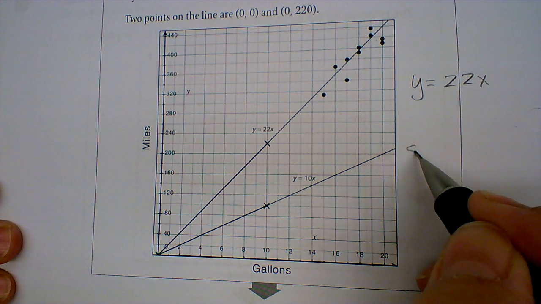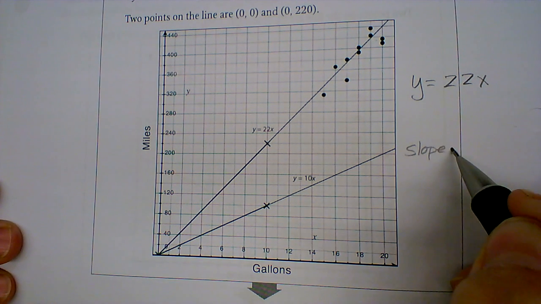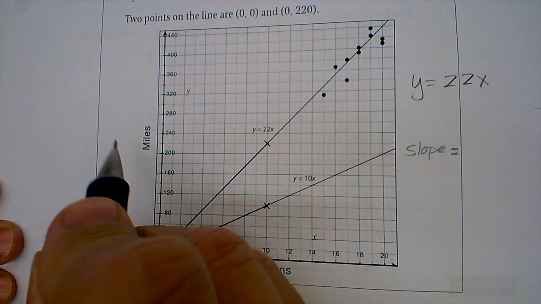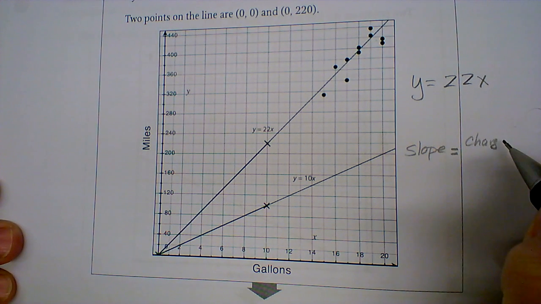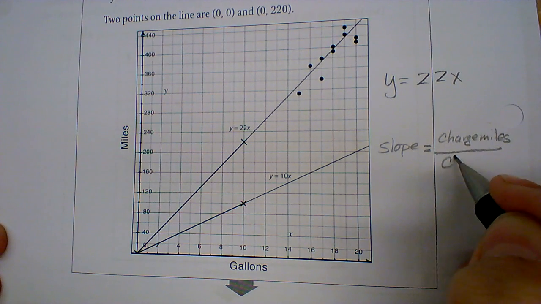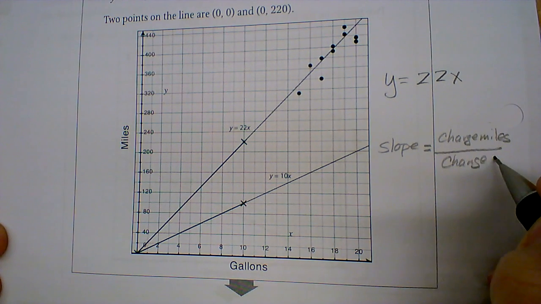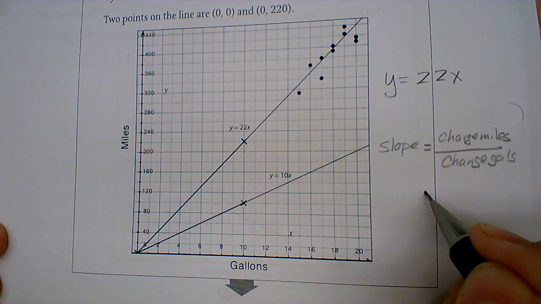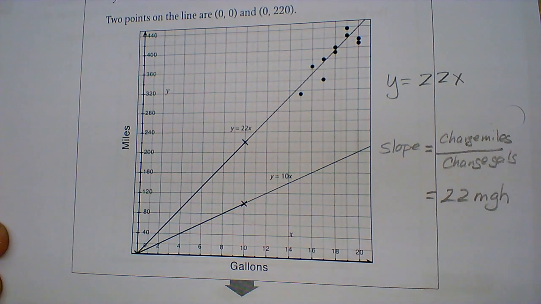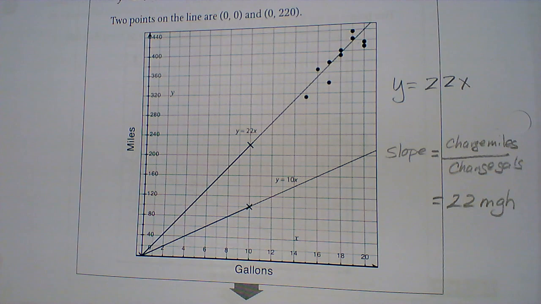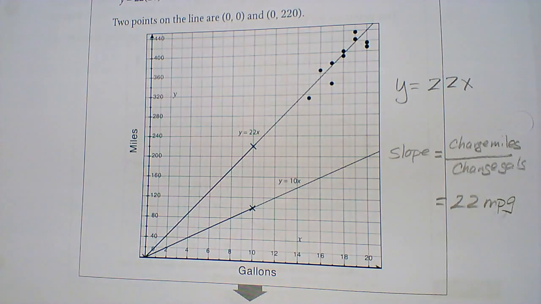In this case, our slope is the change in the y values, which is the change in miles over the change in gallons. So that's miles per gallon. And since our slope is 22, the gas mileage for Andrew's car is approximately 22 miles per gallon.